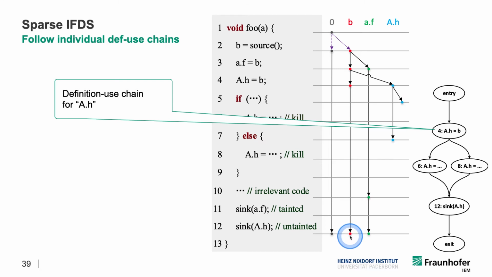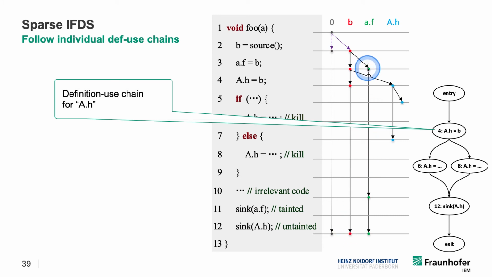So the next was the exit statement, and that means that while propagating B, we can actually safely skip all of these different computations here, okay? So, no flow function evaluations in this part of the program here.